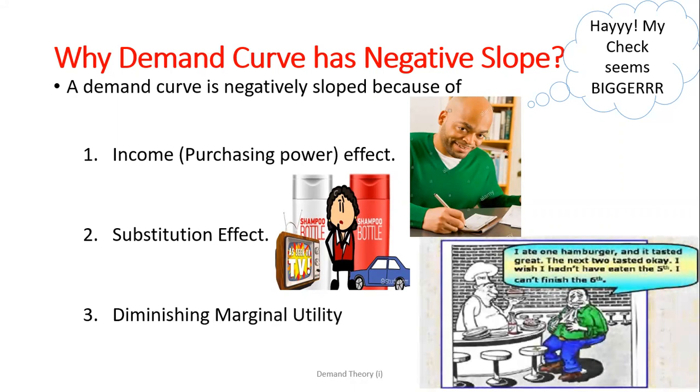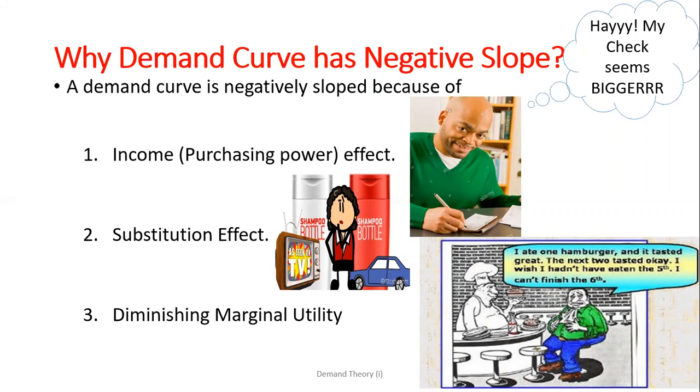Next is the diminishing marginal utility. The diminishing marginal utility principle says that as you go on consuming a commodity, the extra utility you derive, or extra satisfaction you derive from each unit of commodity, goes on to decrease.